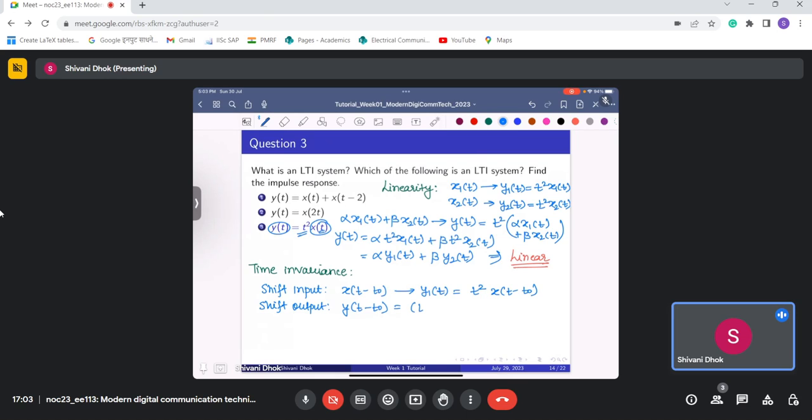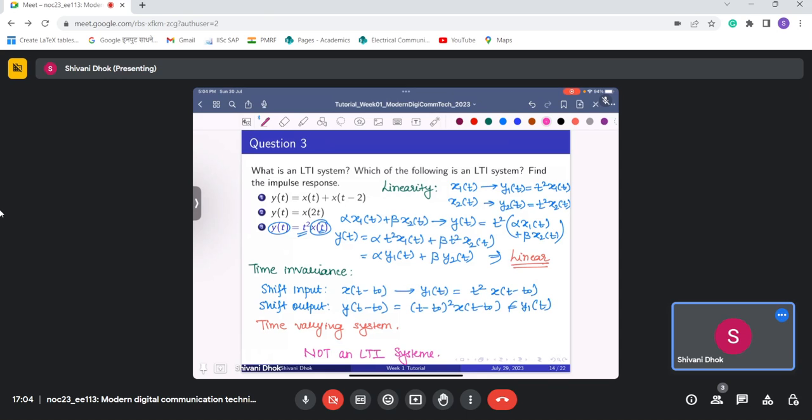So what we have here is t minus t naught square into x of t minus t naught, which is not equal to y1(t), which means that this is a time varying system. Again, this means that this is not an LTI system.